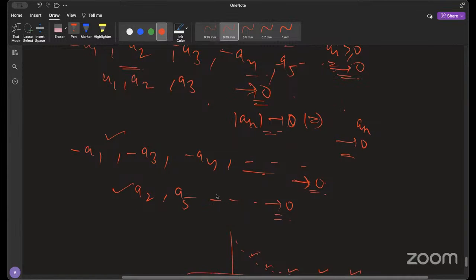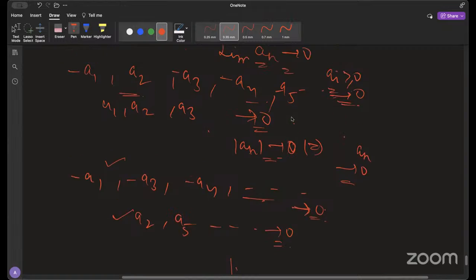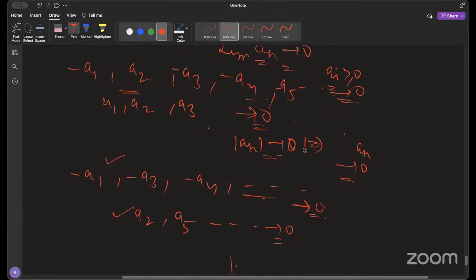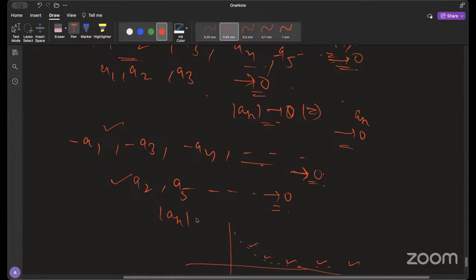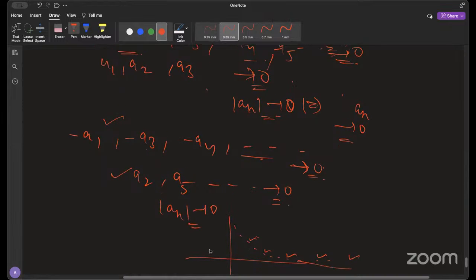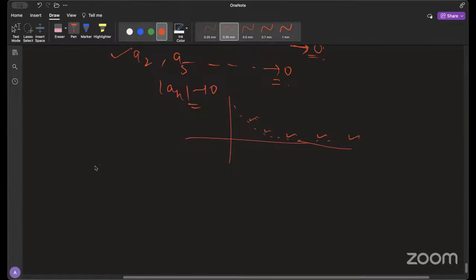That means your whole sequence. Wait, what were we discussing? We were discussing it backwards. We were discussing it as this: mod an is going to 0, right? Let's just say mod an is going to 0. That means the positive.